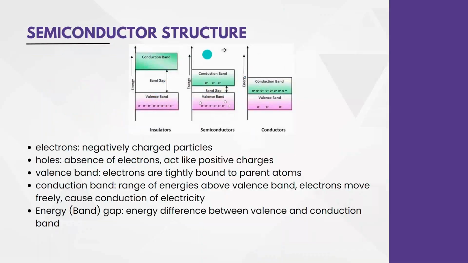This image explains the semiconductor structure. Every material has two different bands. One is the valence band, another one is the conduction band. The valence band has electrons that are bound to the parent atoms. They are tightly bound and they cannot easily move, unlike the electrons in the conduction band.